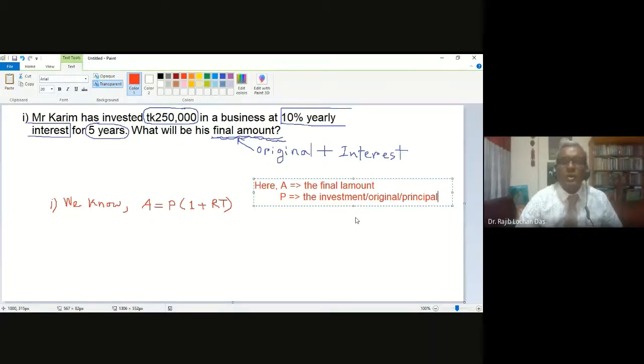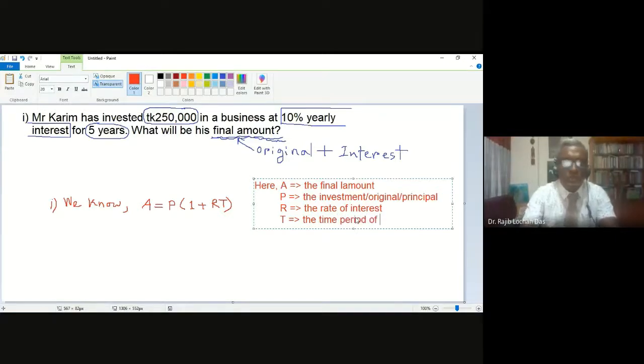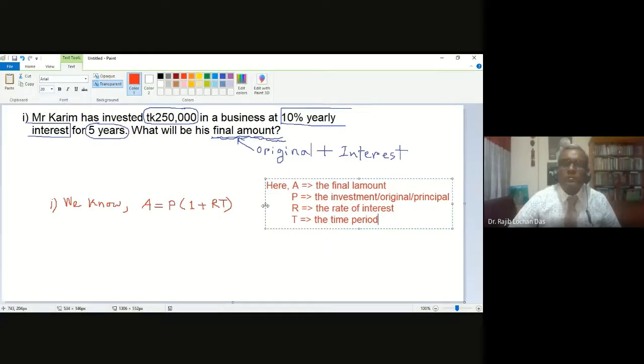So the original investment, or the principal amount, or the investment amount, that is P. And 1 is just a number, and R is the rate of interest, and T is the time period of the investment. Time period is okay. So these are the meanings of the symbols.